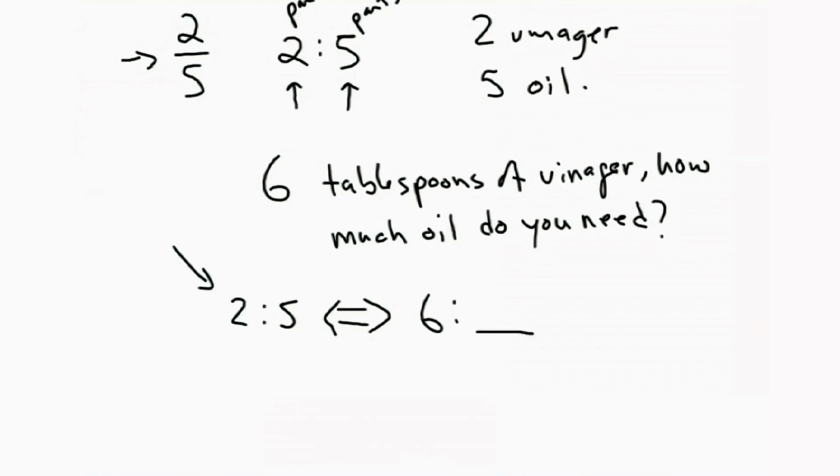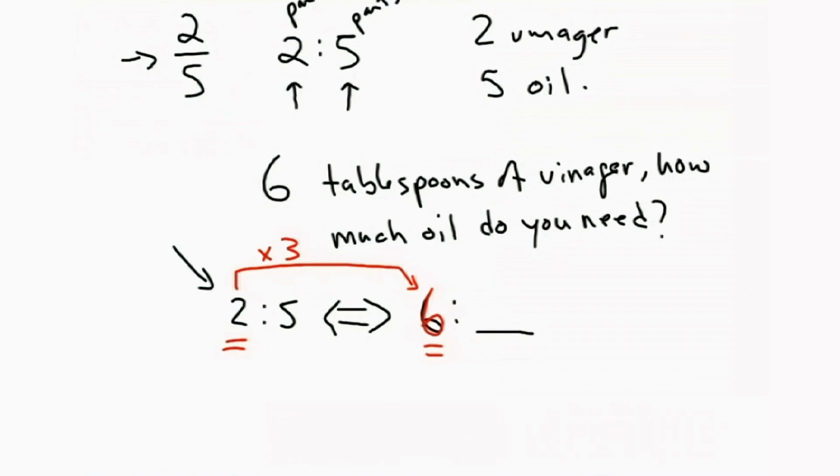You should be able to see here that if we always write the vinegar first and the oil second, then how do we get 2 to become 6? It should be clear that you're going to multiply by 3. If you multiply 2 by 3, you get 6. The whole idea with ratio and proportion is they've got to be the same.